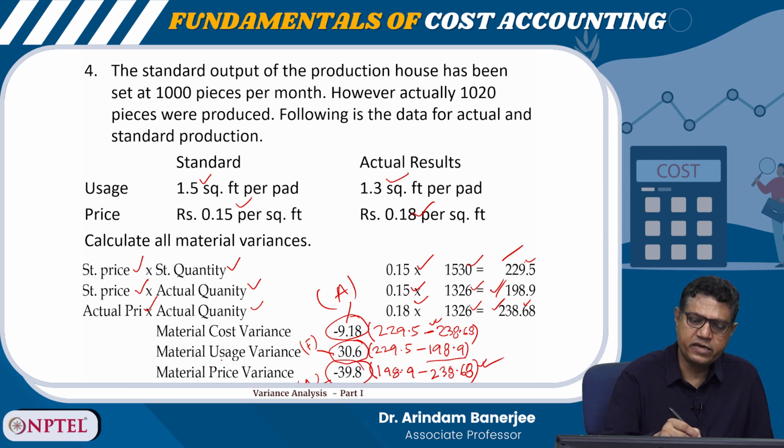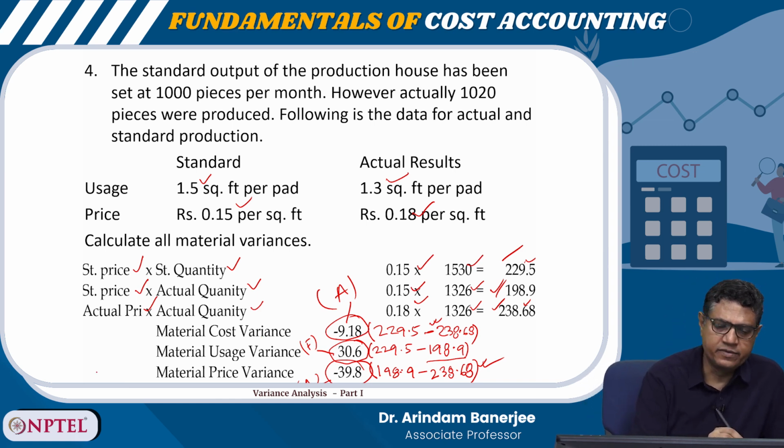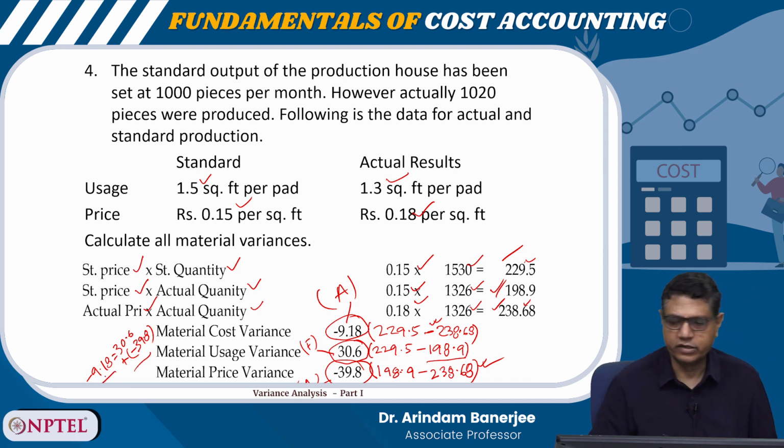If I add the material usage variance and material price variance, it should be equal to the material cost variance. So, on the left hand side, I write minus 9.18, and it should be equal to 30.6 plus minus 39.8, right, minus 39.8. So, you see the left hand side and the right hand side are matching. So, it is working.